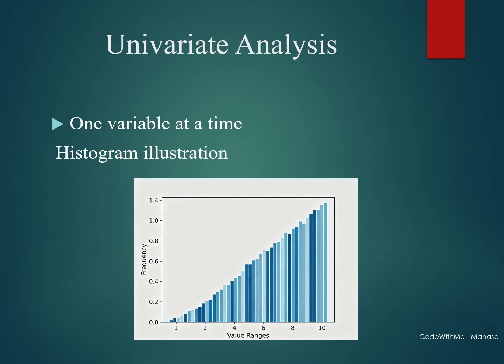You can see on screen there is a histogram illustration showing frequency against value ranges. So each variable is distributed in EDA analysis, that is univariate analysis. And next we can use a KDE plot or box plot, or a bar chart for categorical data also.